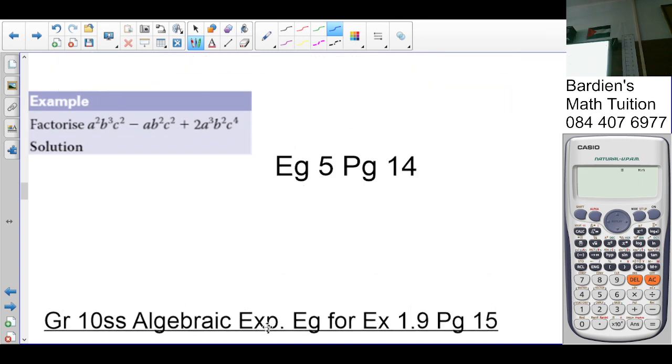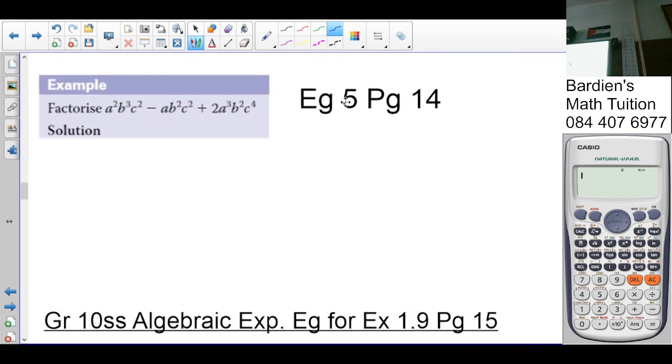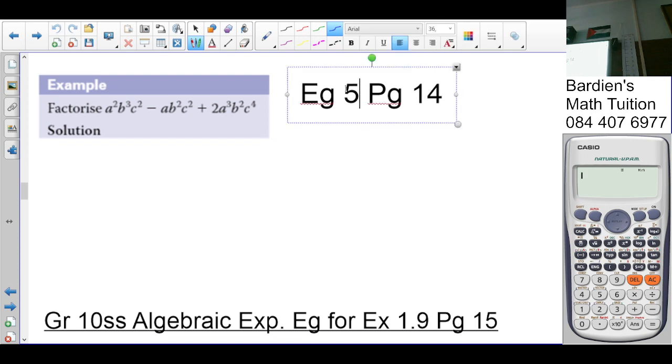Then the sixth example. Again, the question is to factorize a squared b cubed c squared minus ab squared c squared plus 2a cubed b squared c to the 4.